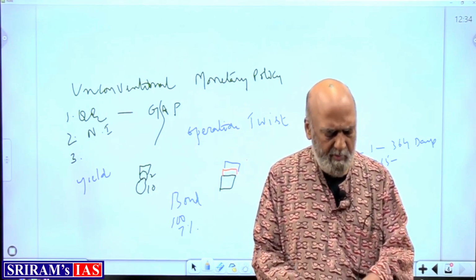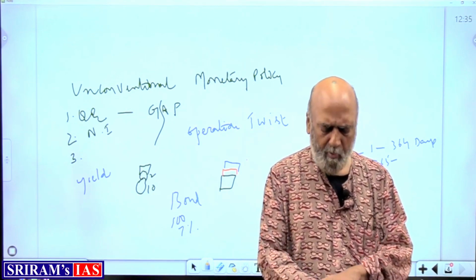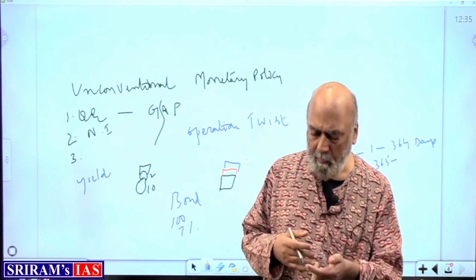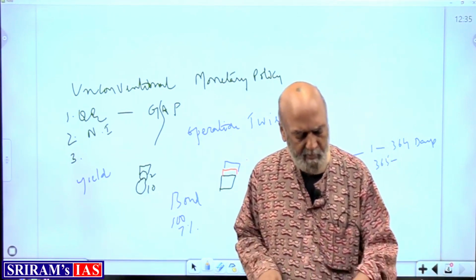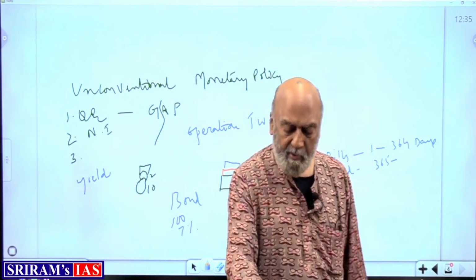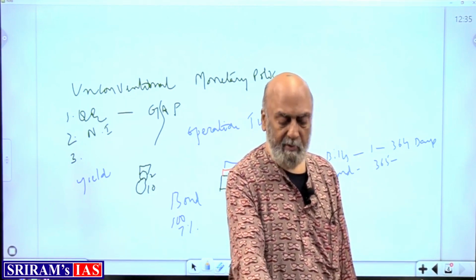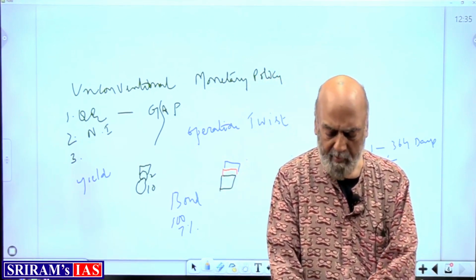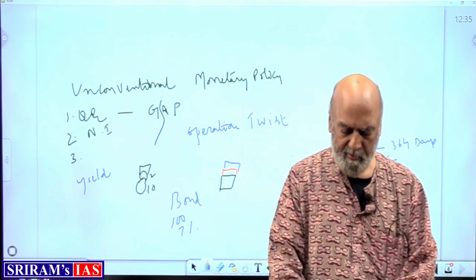So the 100 was yielding me 7. This guy bought this 100 bond at 90. So the 7 becomes 7 plus, because to get 7 you have to invest 100. He is investing only 90 but getting 7, which means he is getting about 8.5 or 9%.